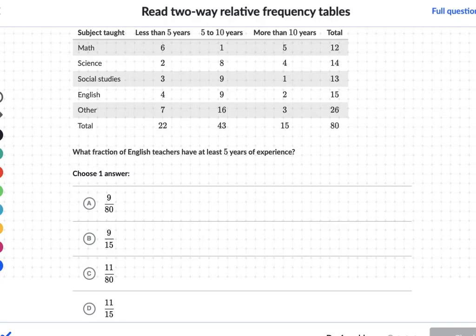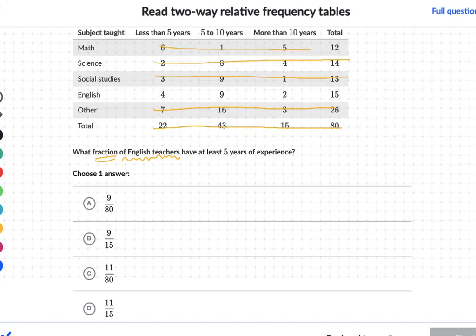All right, so they're saying what fraction, so they're looking for a fraction of English teachers. So that means I'm just looking at English teachers. I'm ignoring the rest of these because we're just looking at English teachers. If I am just looking at English teachers, that means the total is going to be the total of all the English teachers.